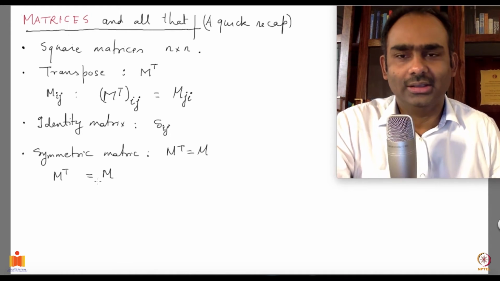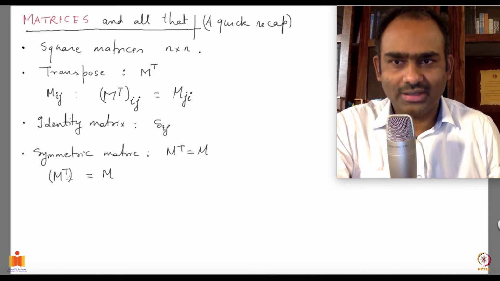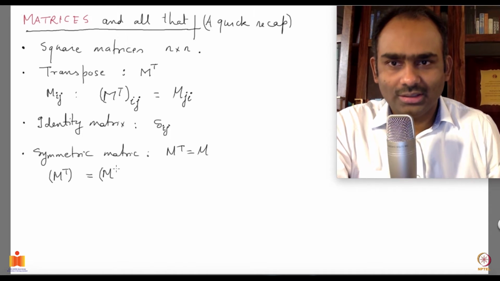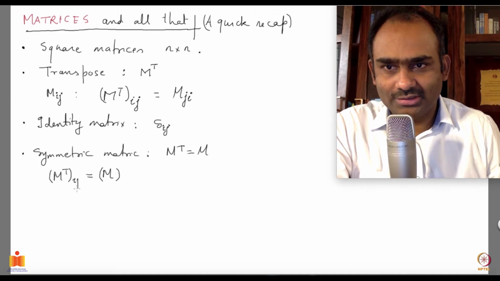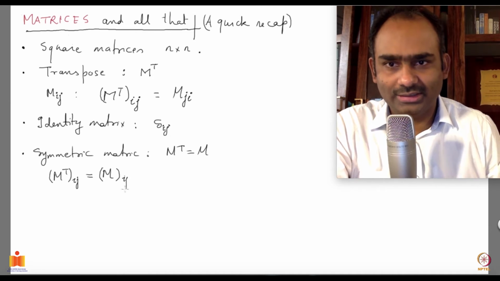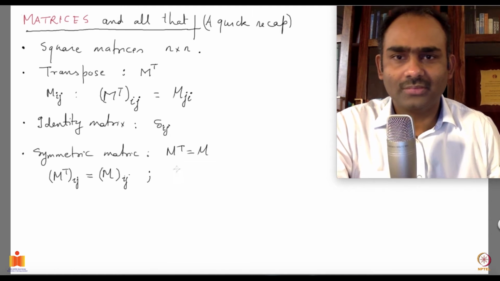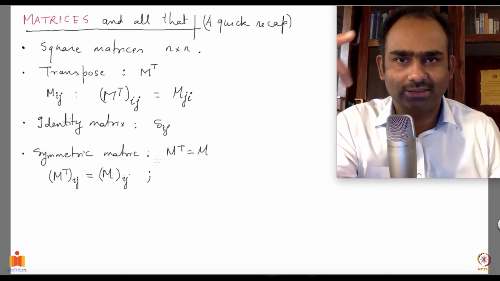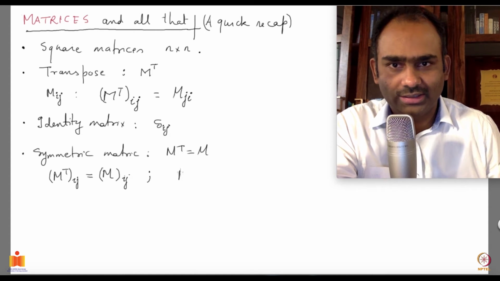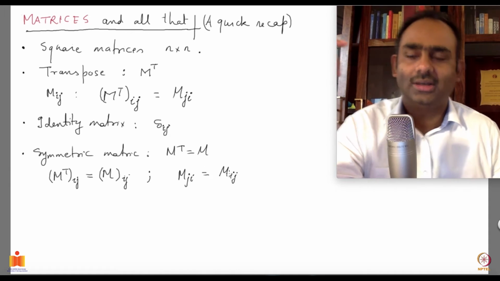This is a matrix equation, so I take the ijth element on the left hand side and the ijth element on the right hand side, which is what this equation is saying. And this implies, as you have already seen, that M transpose ij is mji. So you get mji equals mij. That's the condition for a matrix to be symmetric.